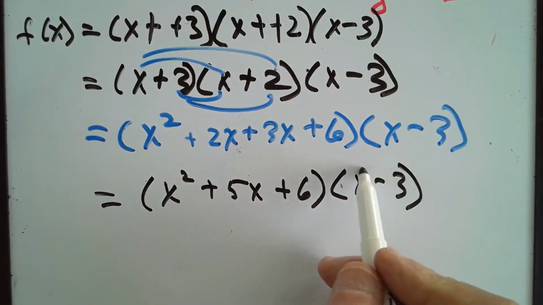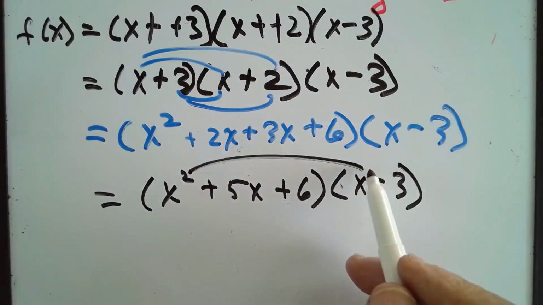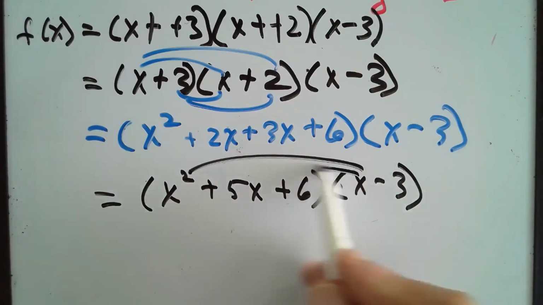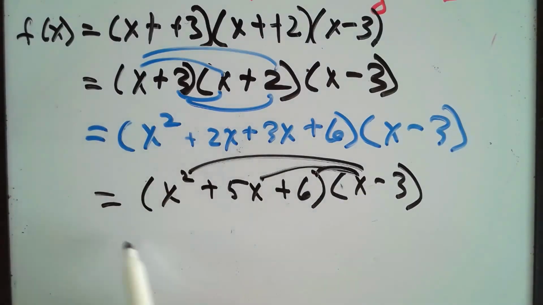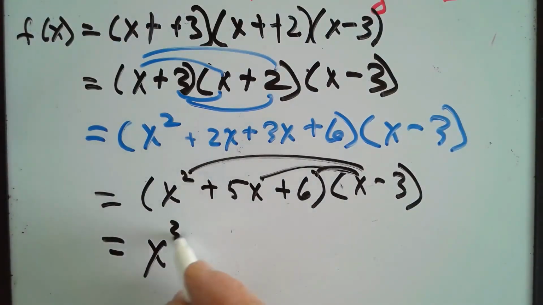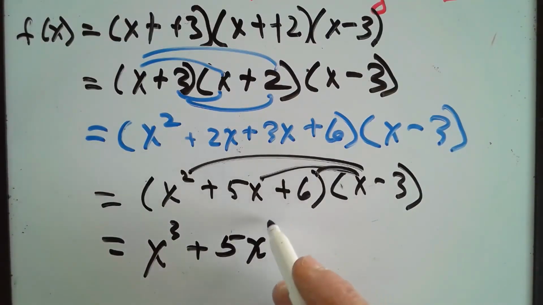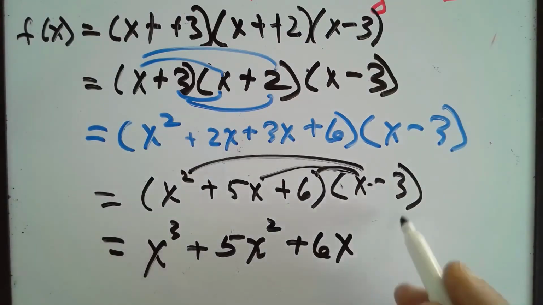So we start with x and we multiply x times x squared, x times 5x, and x times 6. So x times x squared is x to the what? Cubed, right. x times 5x is plus 5x what? Squared, and then x times 6 is 6x.